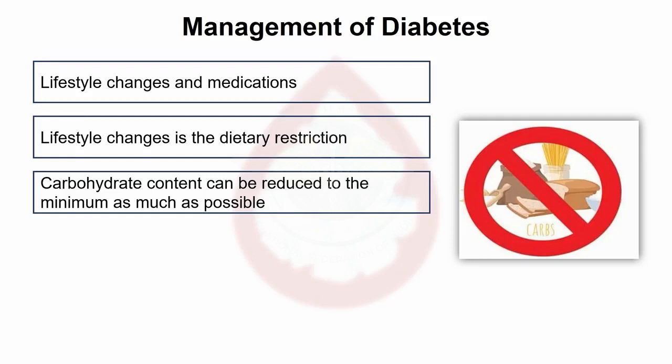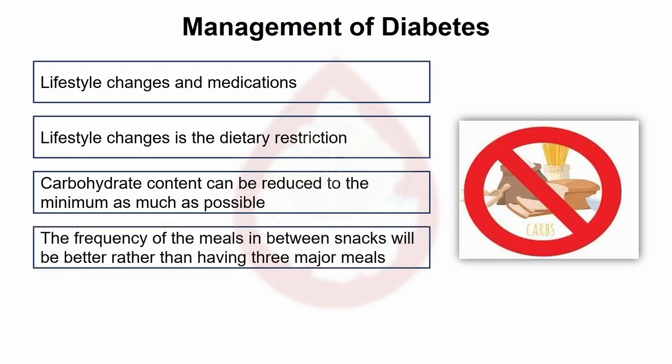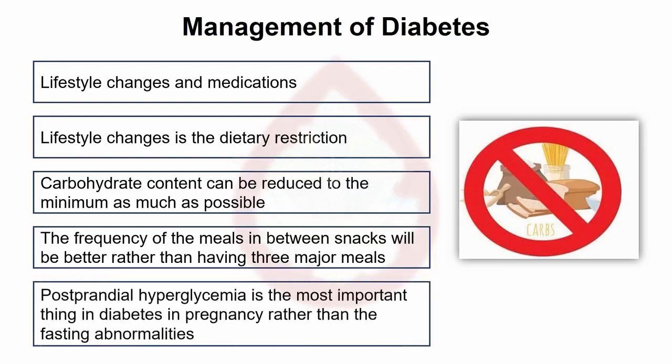Then, about the frequency of meals, snacks in between will be better rather than having 3 major meals, because in a pregnant lady the fetus will be drawing the glucose very fast after the meal, and postprandial hyperglycemia is the most important thing in diabetes in pregnancy rather than the fasting abnormalities.